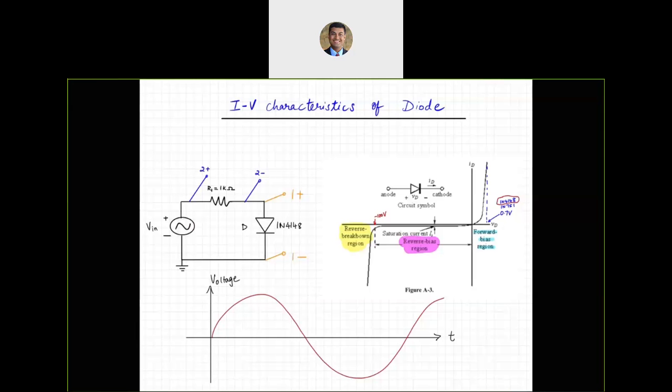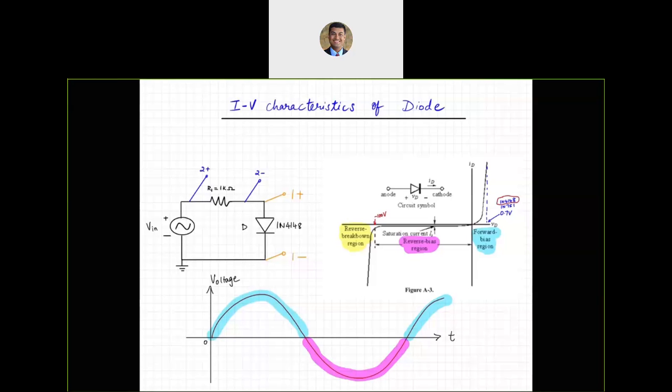If that's my voltage waveform, then my forward biased region, let me color code it, I'll pick blue. All of this is going to be the forward biased region, because I'm applying positive voltages over there. And then my reverse biased region is going to be over here. That's when the diode is going to be in the reverse biased region.